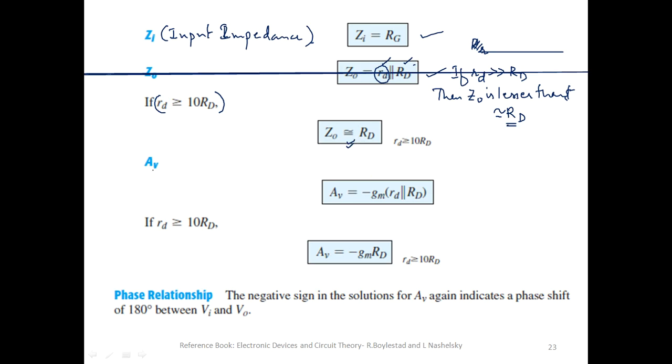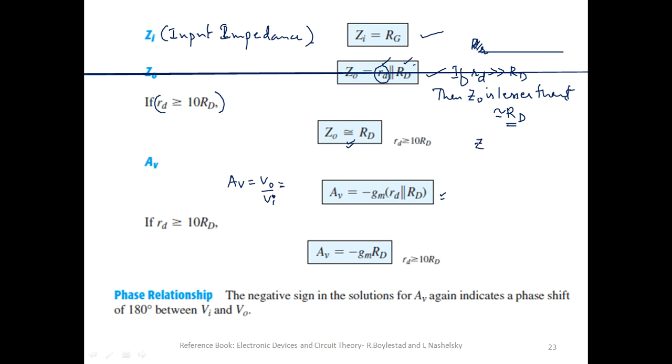Then what about the voltage gain? The voltage gain is AV equal to Vo upon Vi. If you go by similar steps as we did for fixed bias, we get similar expressions: minus gm times RD parallel to rd.